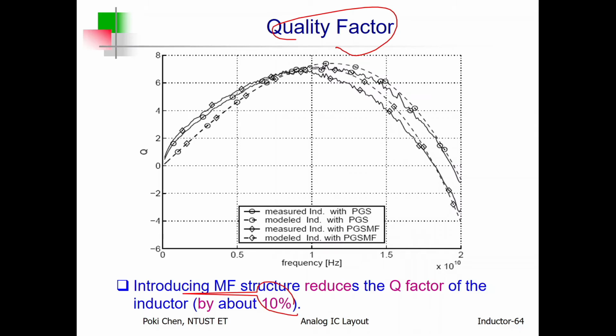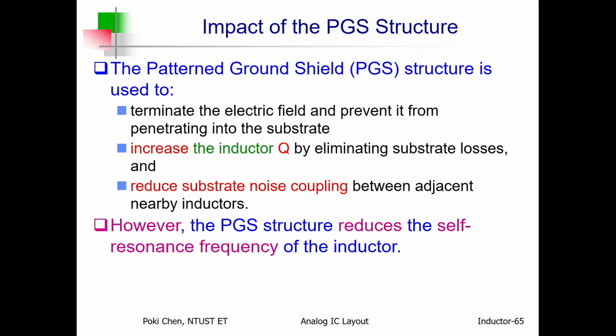You can have a look for the circle one, right? Only with PGS. If you have not only PGS but also metal fill, PGS and MF, you can see the Q factor is reduced. Overall speaking, 10% reduction for Q factor.